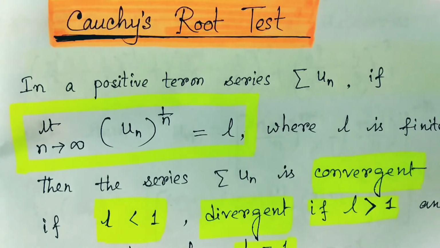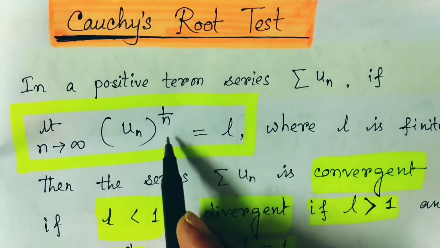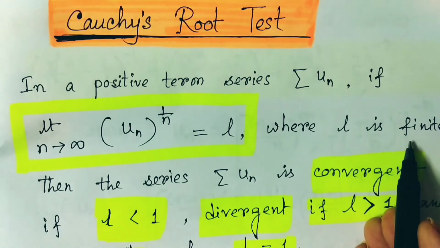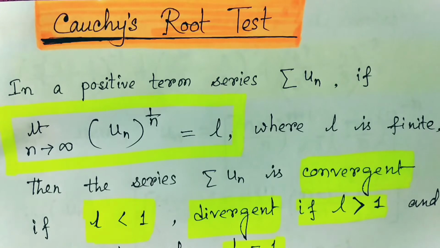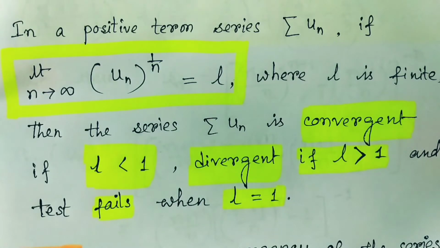So the statement for this test is, in a positive term series summation un, if limit n tends to infinity un to the power 1 upon n is equal to L, where L is finite, then the series un is convergent if L is less than 1 and divergent if L is greater than 1, and the test fails when L is equal to 1.